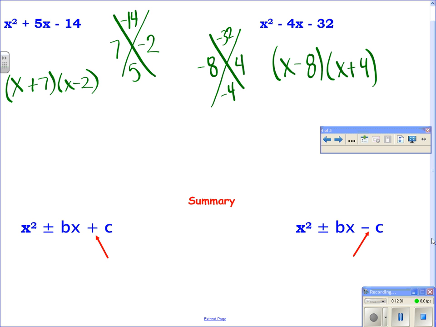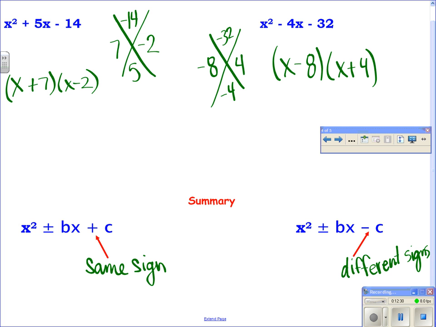If we have a negative sign, which is what we just did here, what do we know about the signs in our answer? Different signs. Okay, so what do you think is going to go by this arrow if we have a positive C? They're going to be the same sign, either both negative or both positive. Okay, so that's another clue as to whether or not you did the problem right.